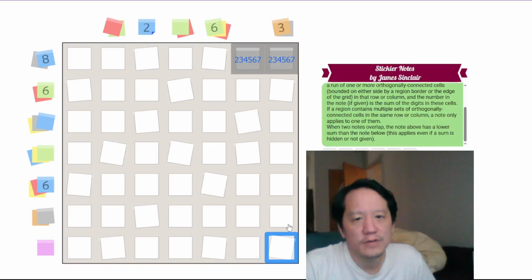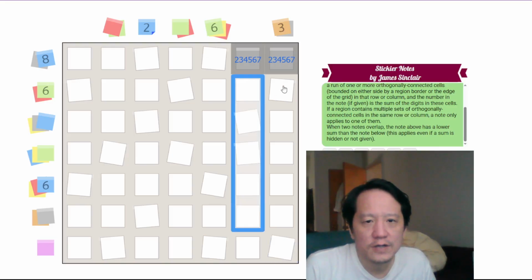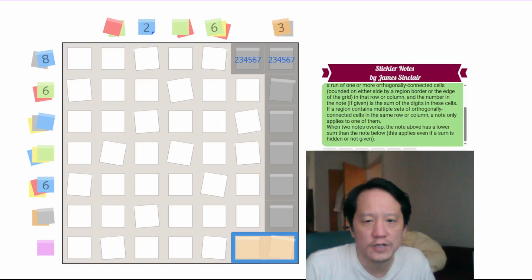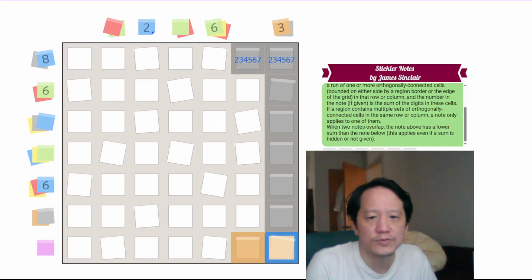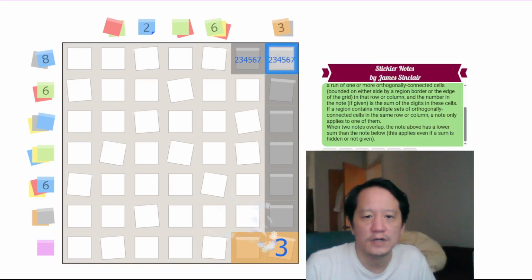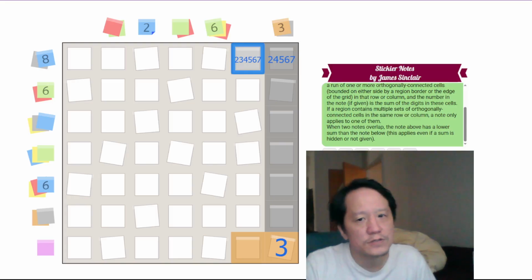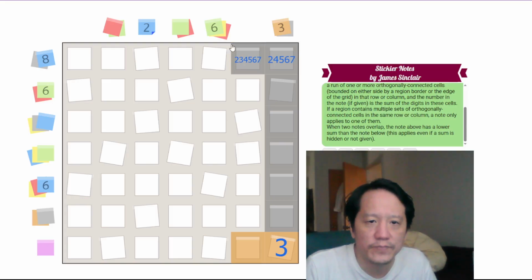Oh, wait, no. If gray goes here, this has to be all one region, and it's never adding up to 3. So gray has to go this way. So gray is here, this is orange, and it goes out, and this must be 3. This cannot be 3 here.